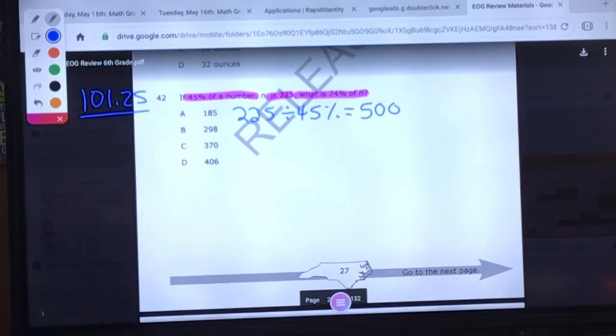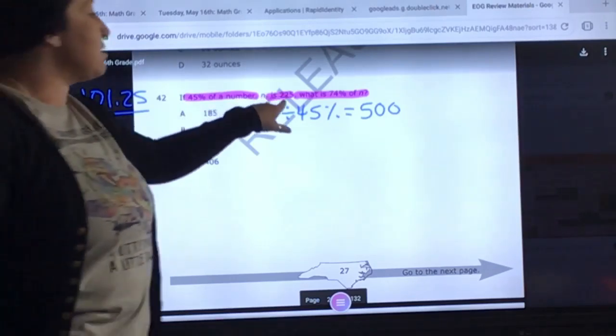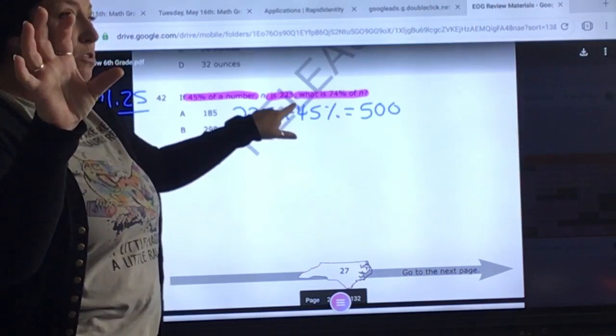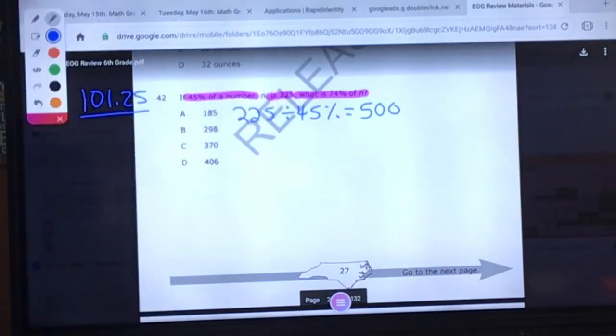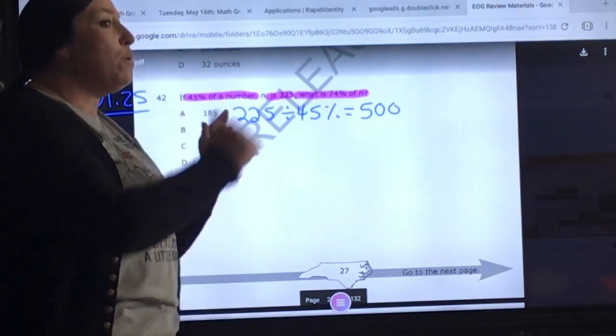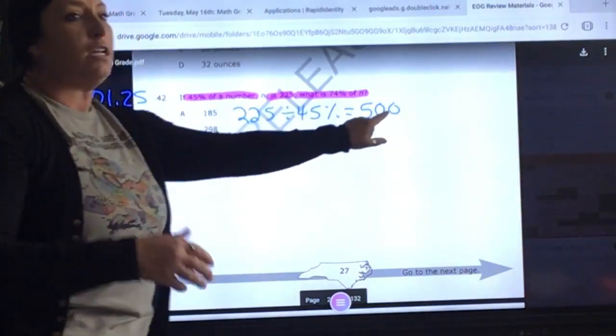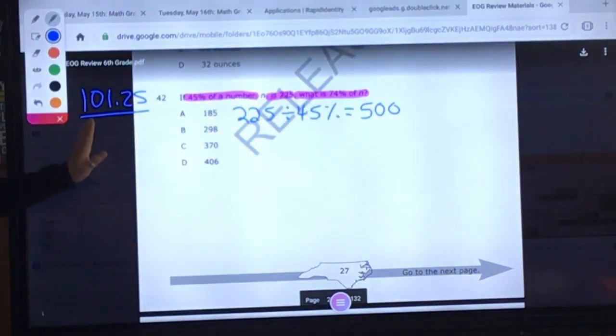So if this is my whole, or this is my part, it is telling me that 45% of a number is 225. So I need to think, okay, if this is almost half, 500 makes a whole lot more sense than 101.25, does it not? Because almost half of 225 is going to be really close to 500.